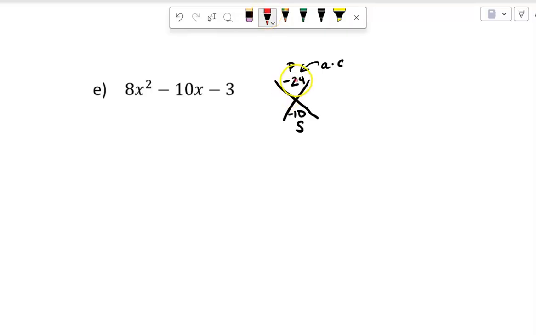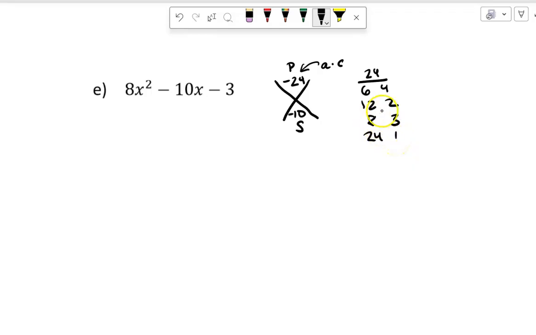Two numbers that multiply to negative 24 and add to negative 10, well, be careful with this because we've got 6 and 4, which does make 10, 12 and 2, which could make 10 if you subtract, and 8 and 3, and 24 and 1.